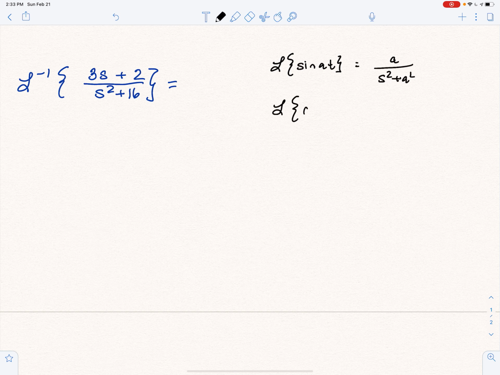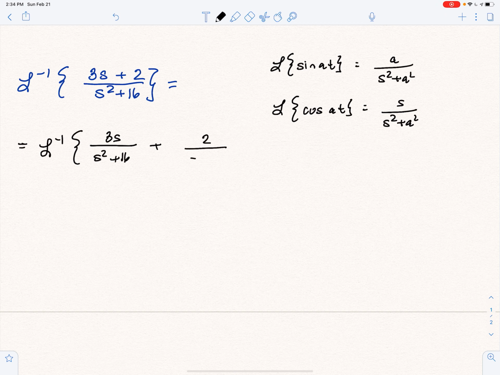And the Laplace transform of cosine of at is s over s squared plus a squared. So here it looks like we have a combination of both. And remember, we can break a fraction apart by its numerator. So that means that we have the Laplace inverse of 3s over s squared plus 16 plus 2 over s squared plus 16.